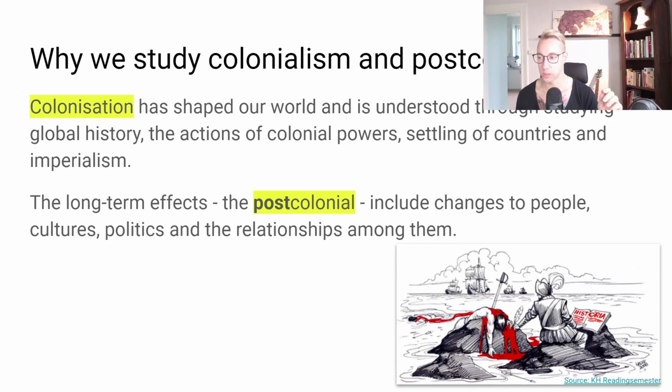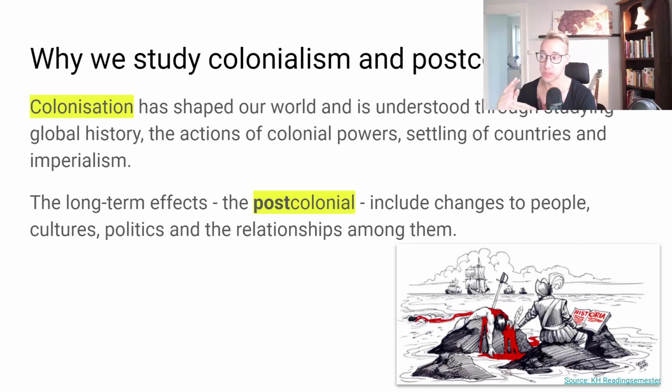That's why we talk about what's called the post-colonial. Post means after, so this is after colonialism. There are a lot of things related to post-colonialism. It could be the way that people's lives have changed. It could be the way that people were treated, people put against one another.